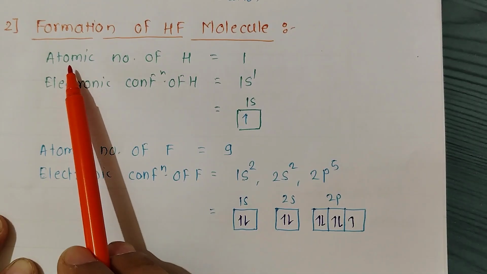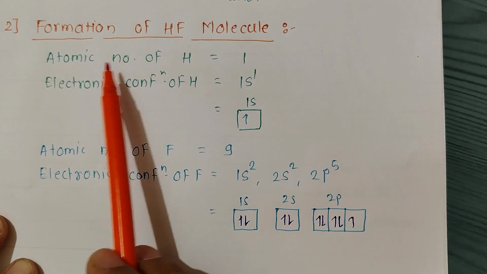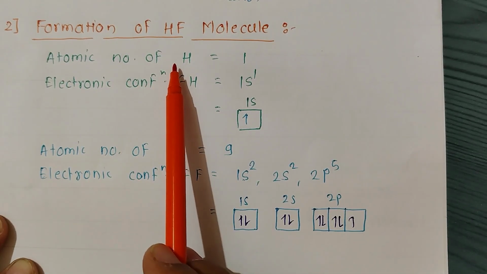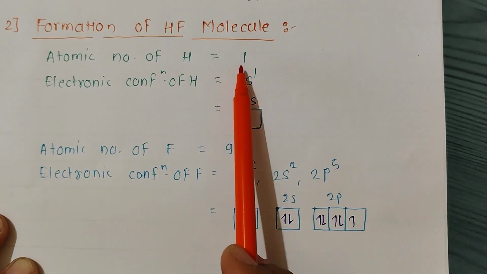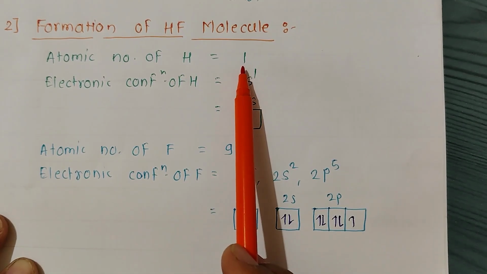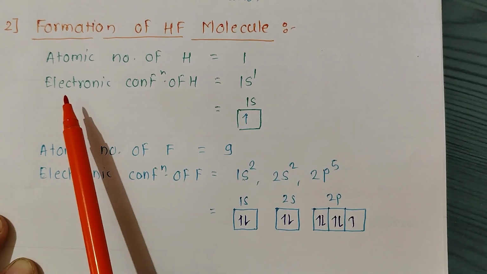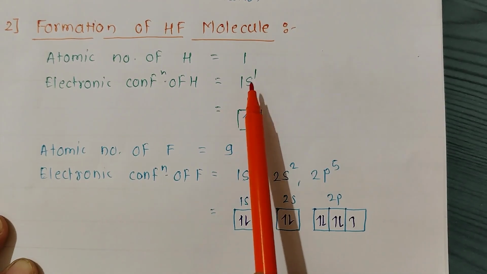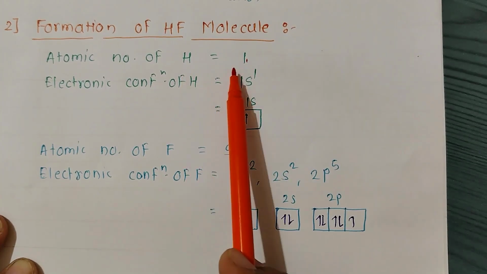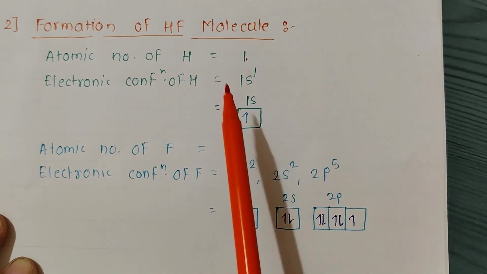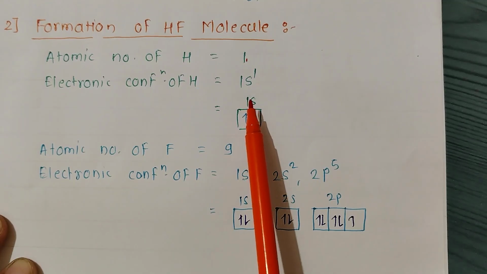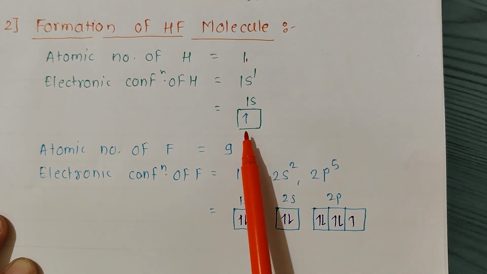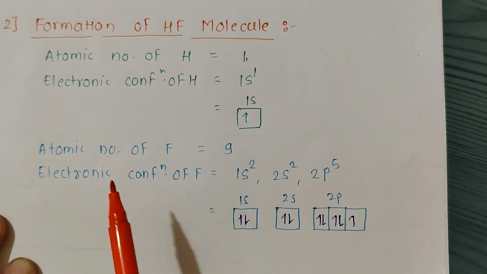We must know the atomic number of hydrogen. As we previously saw, the atomic number of hydrogen is 1. Means the electronic configuration of hydrogen is 1s1. Means there is only one electron present in hydrogen, in the 1s orbital.